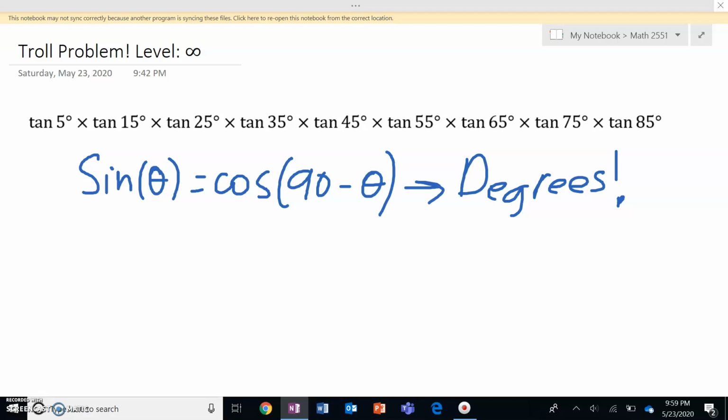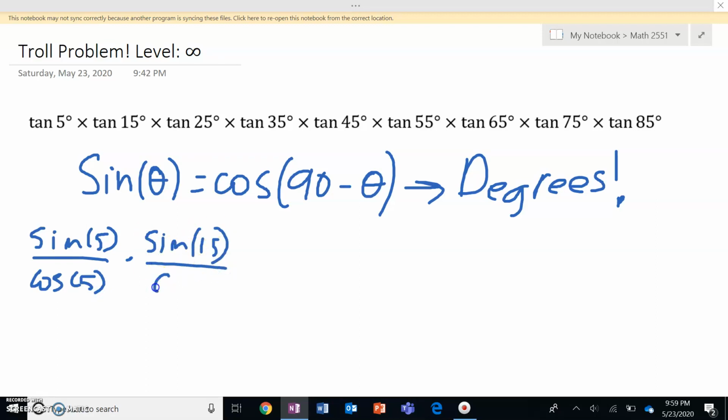Alright, so let's get back to the problem and breaking up the tangent. So tangent of 5 is sine of 5 over the cosine of 5, multiplied by the next term, that is sine of 15 over the cosine of 15. Oops, gotta write that 15 again.